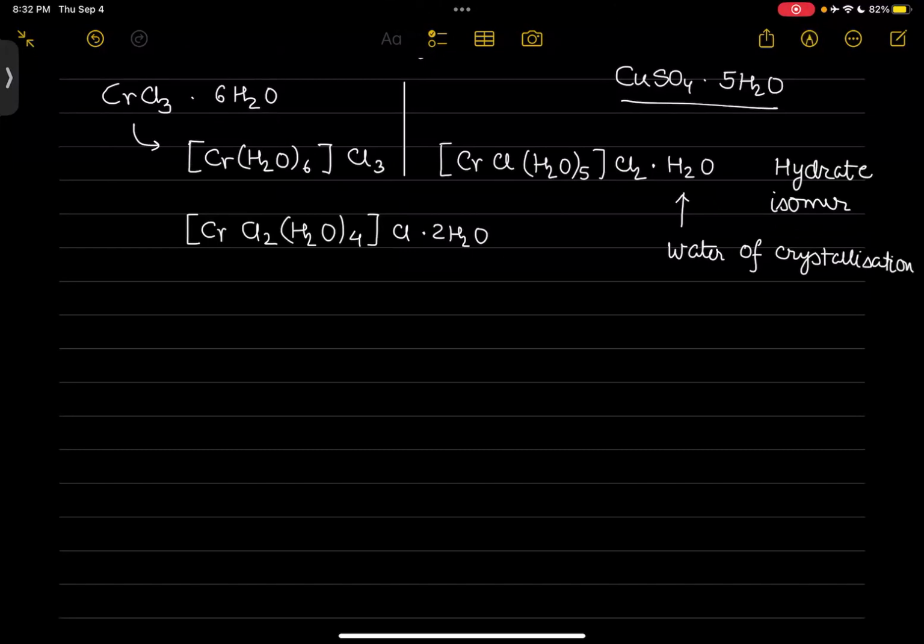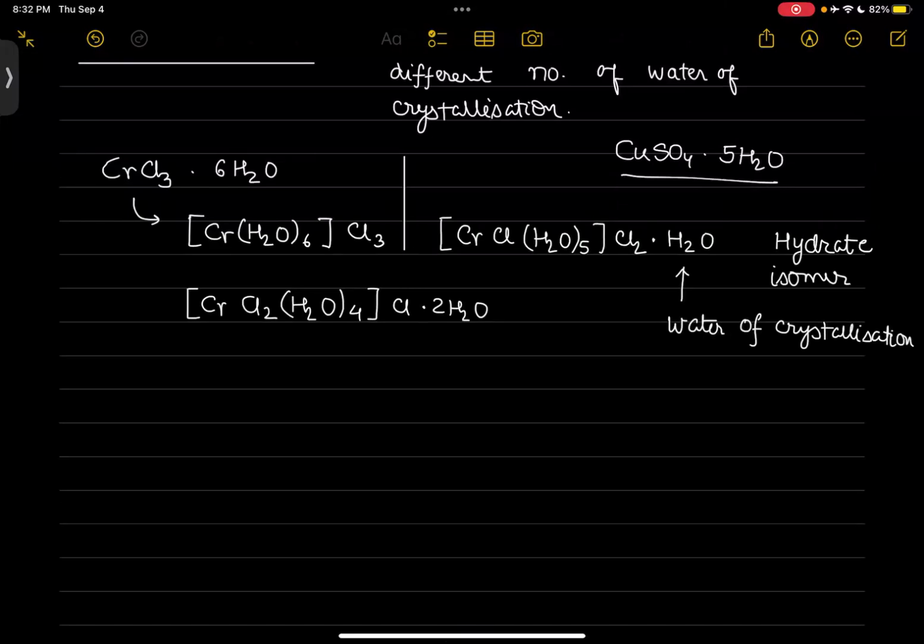Is it clear or not? Yes. I hope everybody understood this, except the last molecule we are not going to consider because that molecule will become neutral. So this is water.